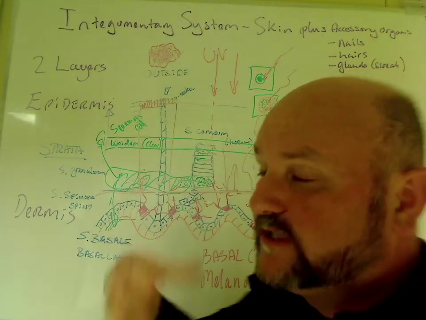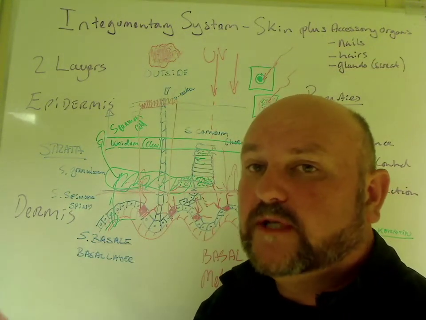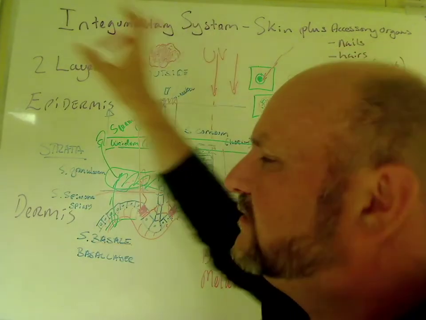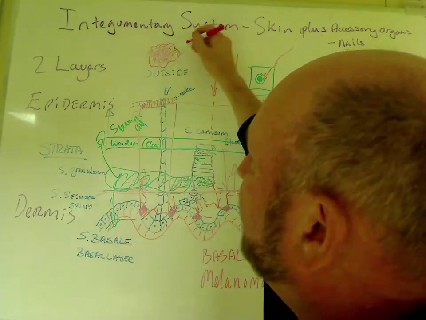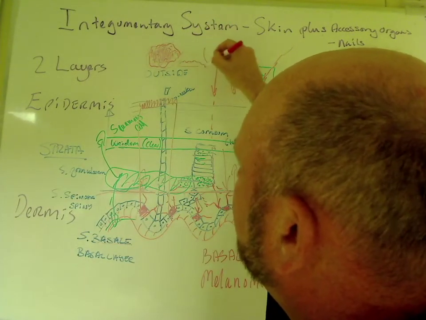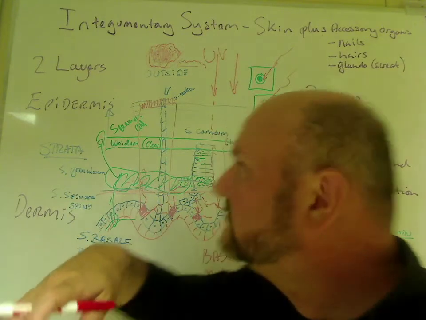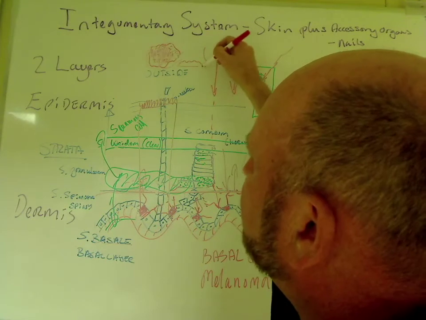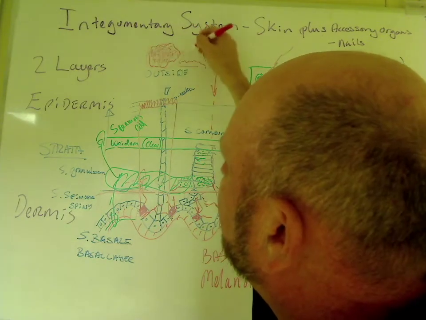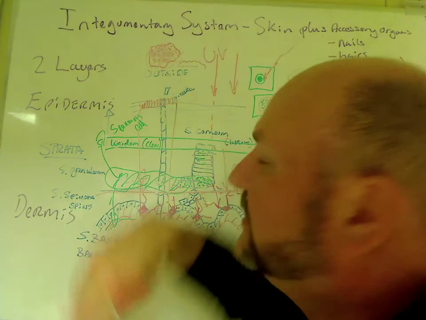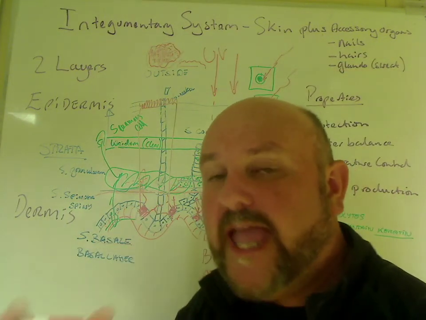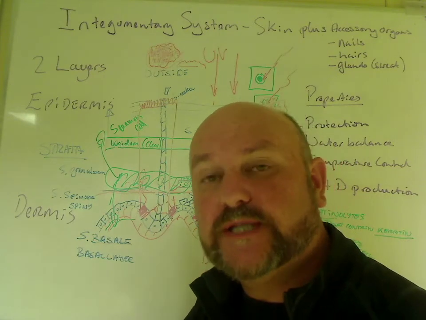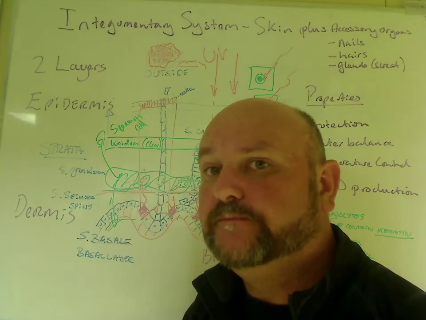Anytime you see the presence of a new mole in someone over the age of 15, a mole which has this kind of weird fuzzy edges, it's raised, so if you look at it side on, it's raised off the skin, it's got patchy colouring, it doesn't have a clear border to it, and it's new or it's growing. Any one of those signs, you should immediately seek medical attention, because that could be a melanoma.